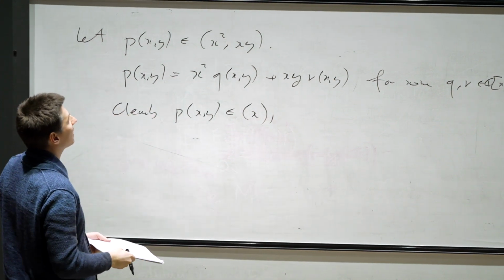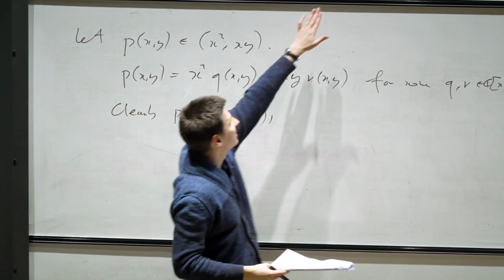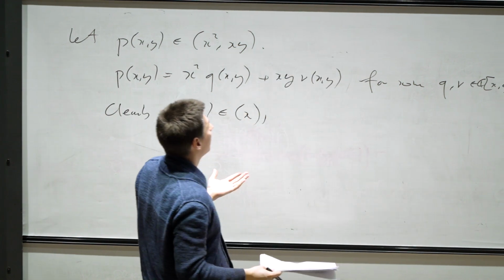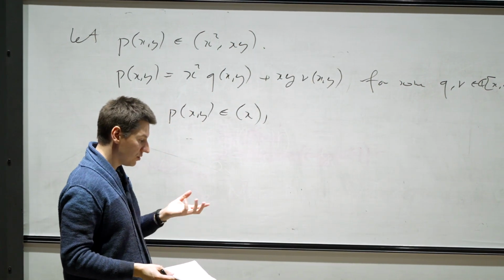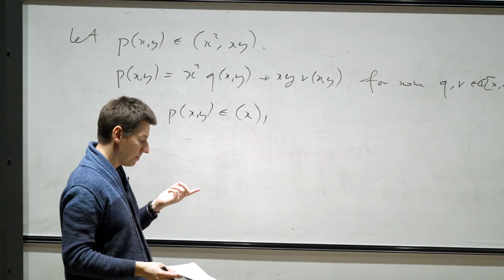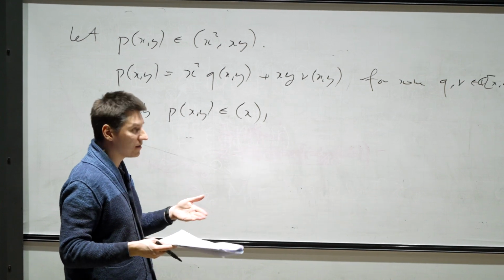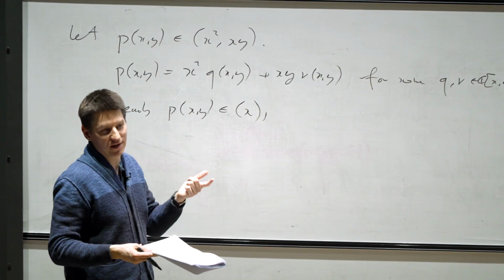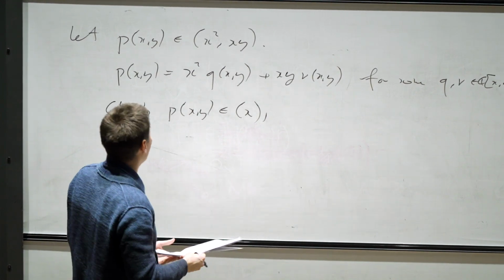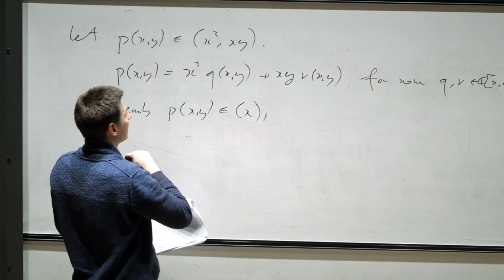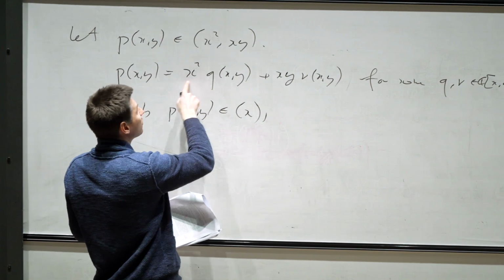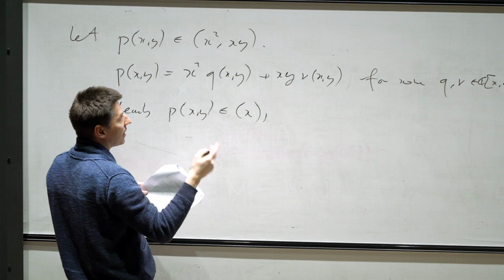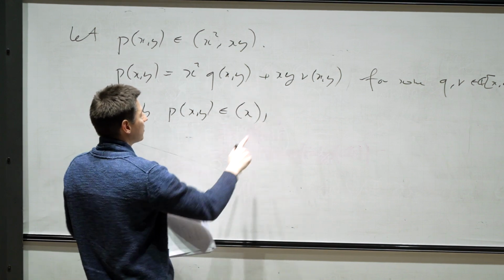And what about the second one? This ideal consists of polynomials where the combined degree in x and y has to be at least 2. That's the point. The combined degree of x squared is 2. So x squared belongs to (x, y) squared, and xy does as well.